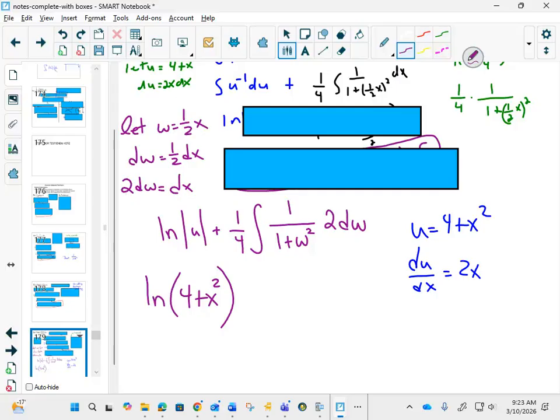If you had left them, I don't think they would take off any marks. Just absolute values and things look more awkward for typing into a calculator later on. So it's kind of nice that we don't need them there. The 2 and the 1/4 is going to become a half. And this is tan inverse of w, which I can substitute back to 1/2 x plus c.